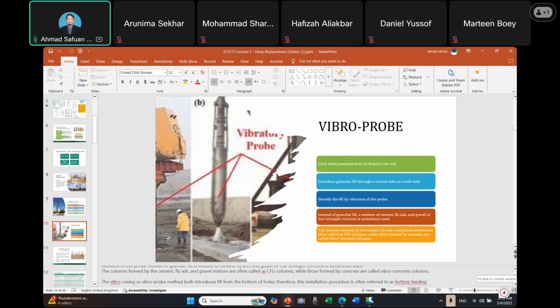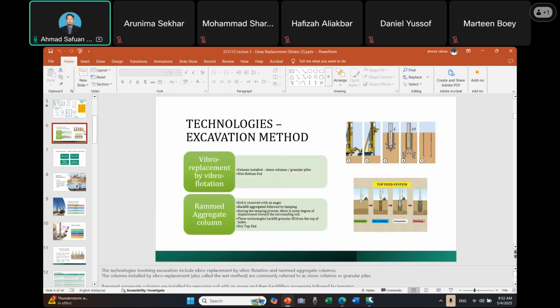It means that they fill the bottom of the hole with granular material or any type of stabilizer. For the top feed, they make a hole, then they pour from the top.